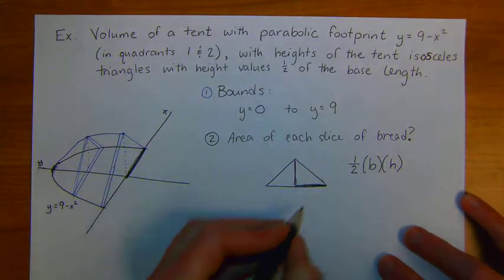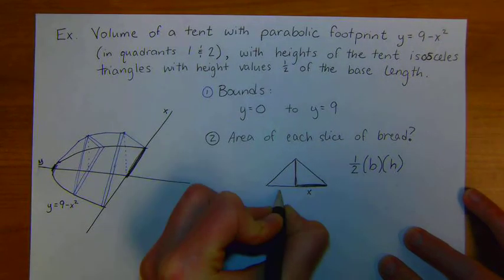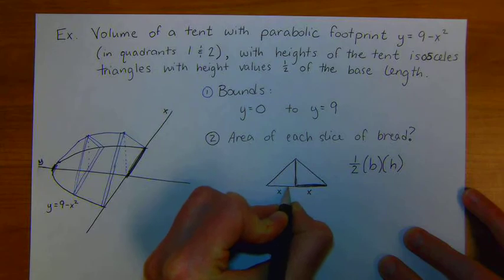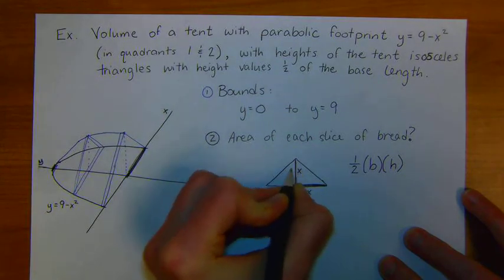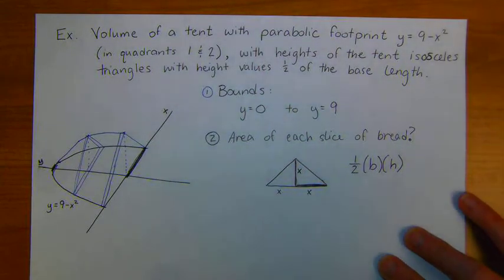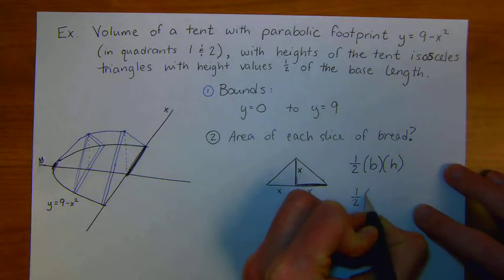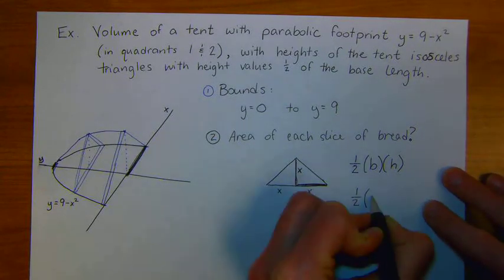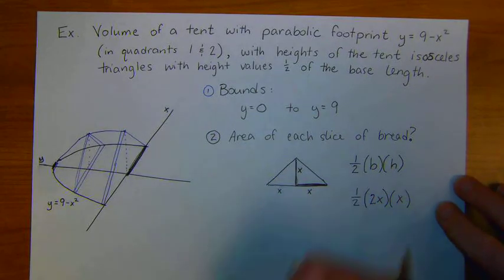So this piece right here is length x, this piece right here is also length x, and this height right here is the same as half of the base, which is also a value of x. So I could rewrite this as 1/2, in this case the base is 2x, and the height is x.